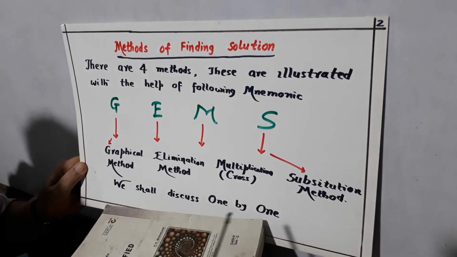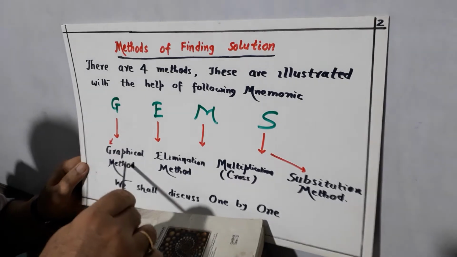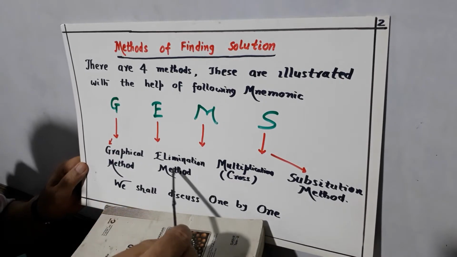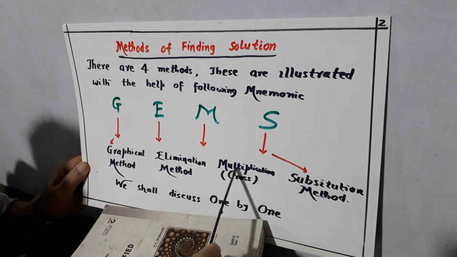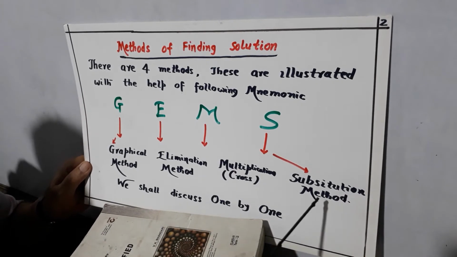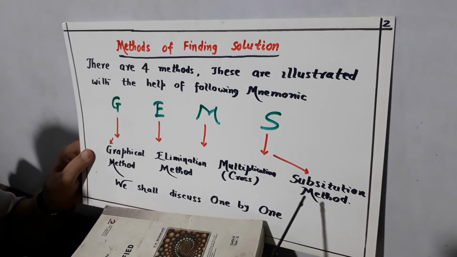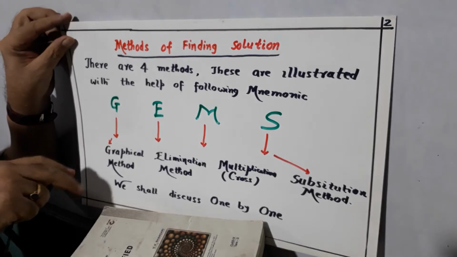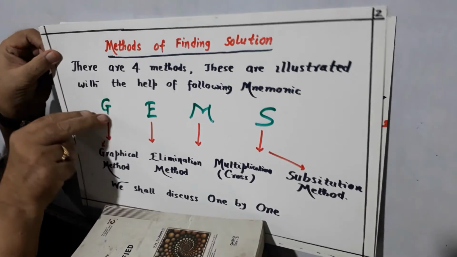You people are GEMS. G stands for graphical method. E stands for elimination method. M stands for multiplication method, that is cross multiplication. And S stands for substitution method. Now we shall discuss them one by one. Let us go further.